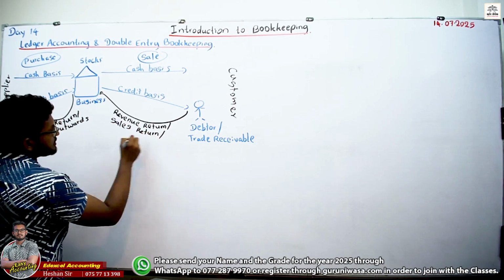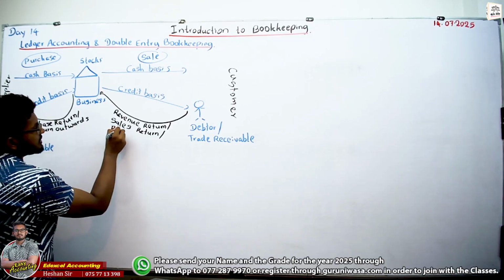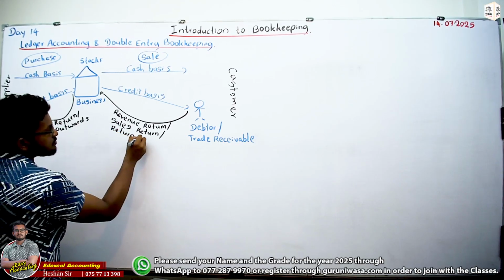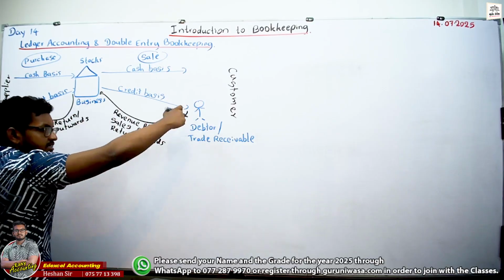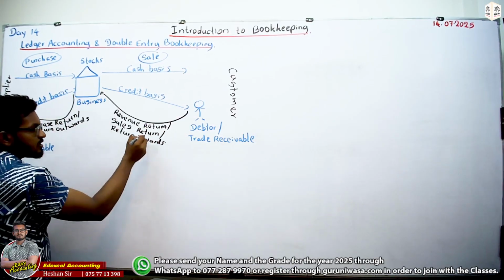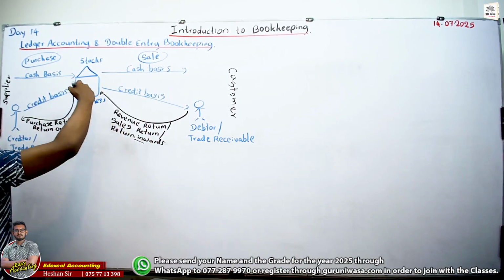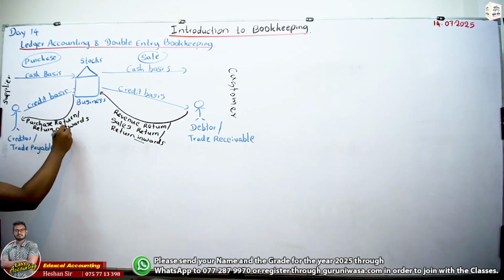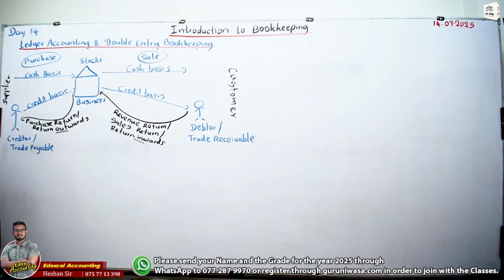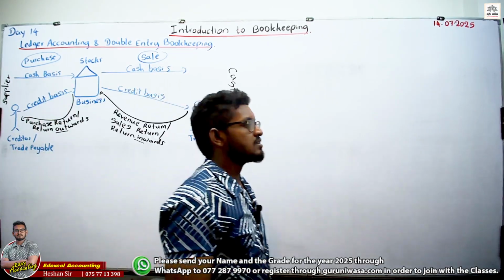In another word, return inwards. Why return inwards? When a customer returns the goods to us, it is in, goods coming in. When we return the goods to the supplier, it is out, goods go out to the suppliers. Understand?